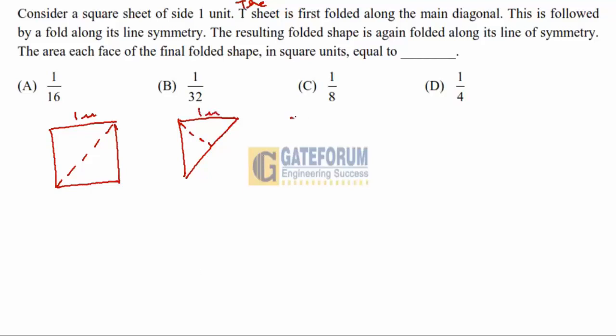So what will be the resultant shape? The resultant shape would be something like this. The resulting folded shape is again folded along its line of symmetry. So now this time the line of symmetry would be this. So it is now folded according to this shape.